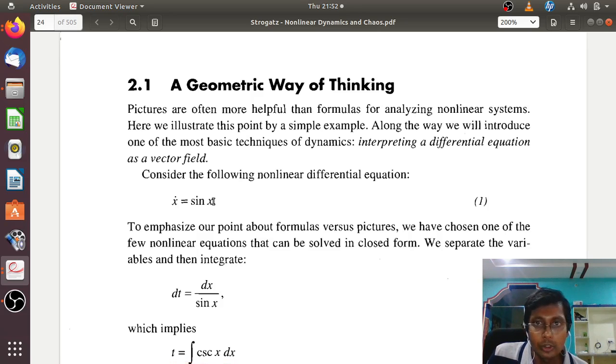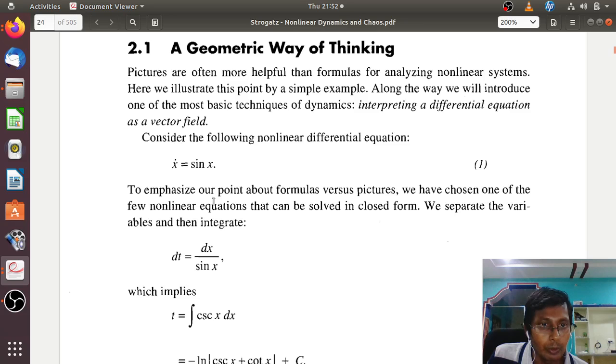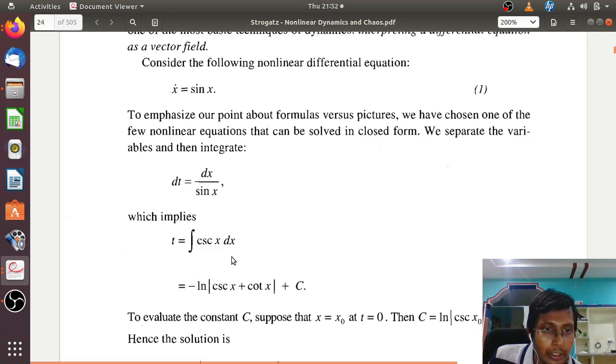So what we are going to do is, in the place of x dot we put dx by dt, so that I can rearrange it in this manner. Then if I integrate both sides, I will get t on this side, and the integration will provide me this solution.